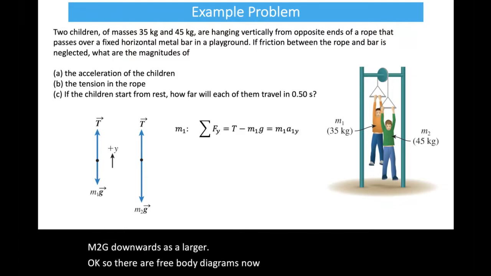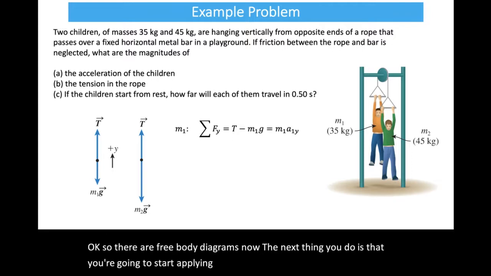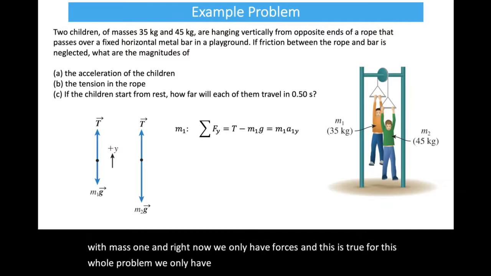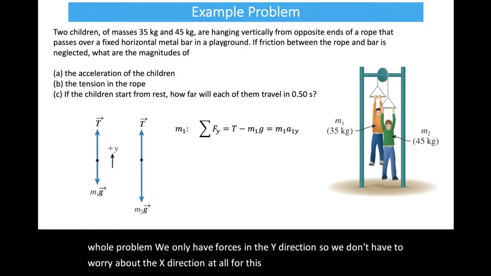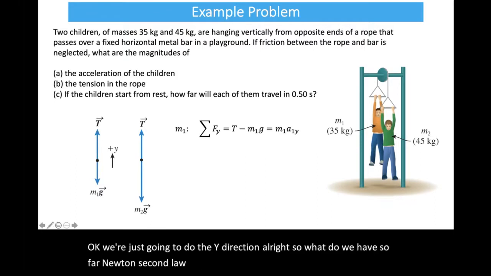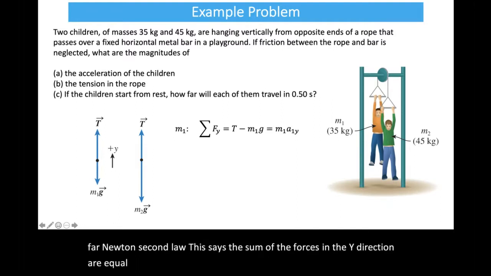Now, the next thing you do is that you're going to start applying Newton's second law. So I'm going to start with mass 1. And right now, this is true for this whole problem, we only have forces in the y direction. So we don't have to worry about the x direction at all for this one. We're just going to do the y direction. So our Newton's second law says the sum of the forces in the y direction are equal to what's upwards?